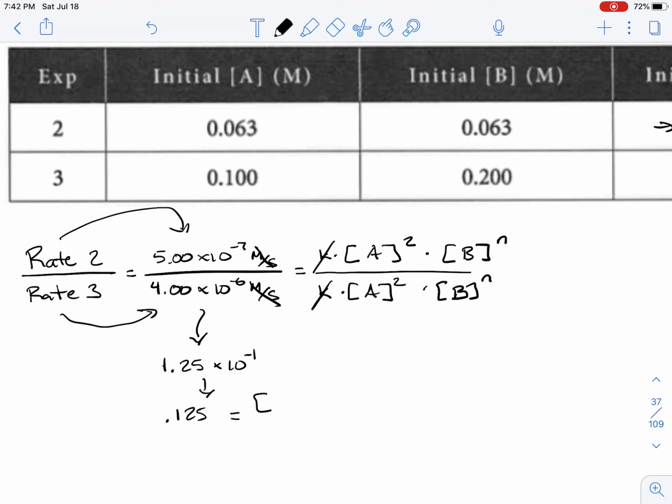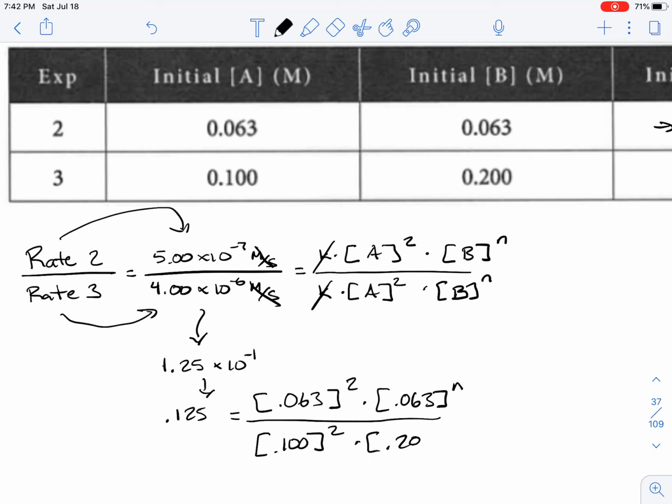So the initial concentration for A is going to be 0.063 raised to the second power over the concentration of 0.100 raised to the second power, times the concentration of 0.063 for B raised to the n power over the concentration of 0.200 raised to the n power.